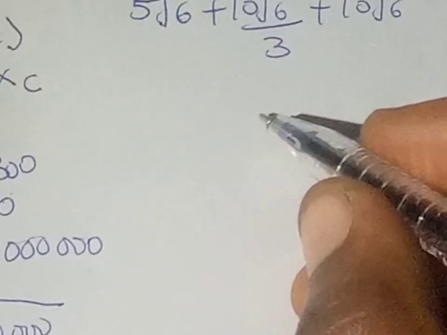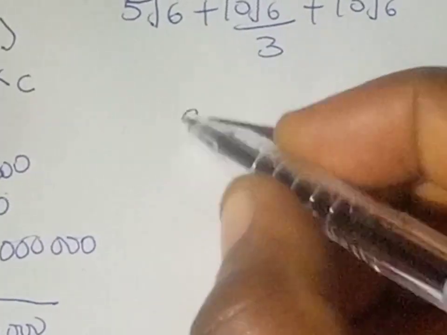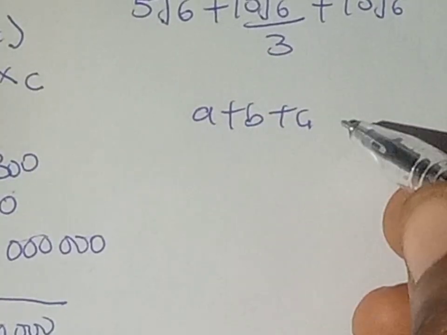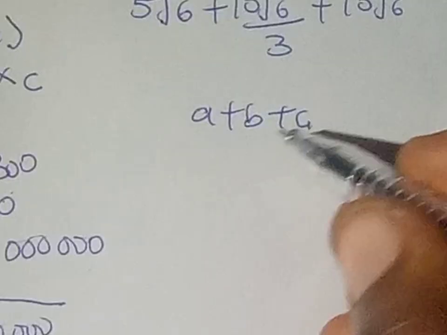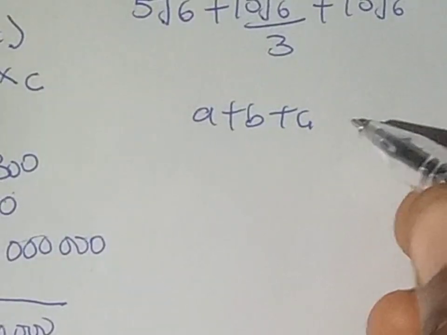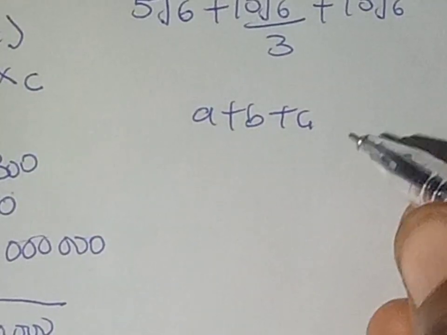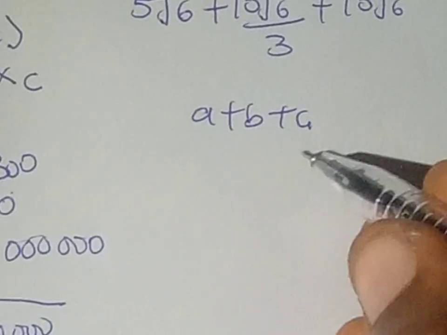For us to add them together, that is A plus B plus C, we must make sure they all have the same denominator, and since B already has denominator 3, we shall rewrite the other 2.